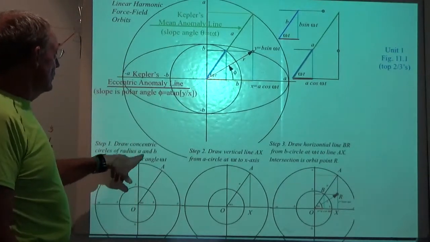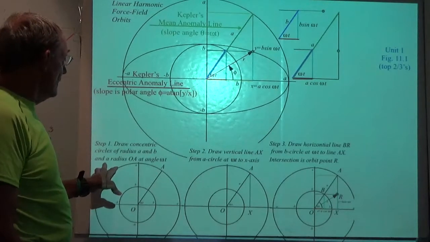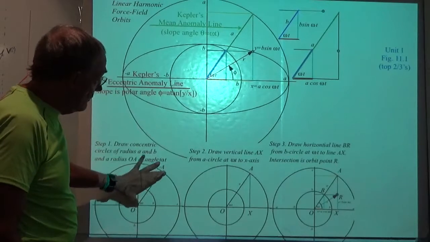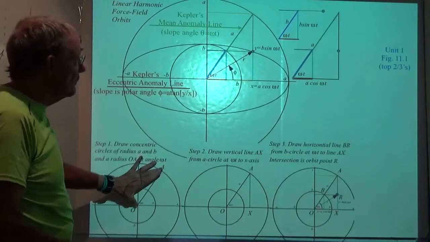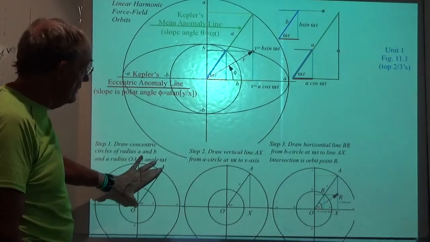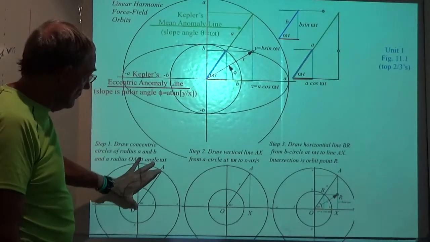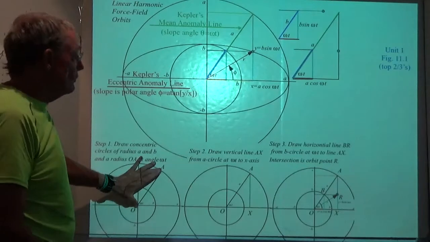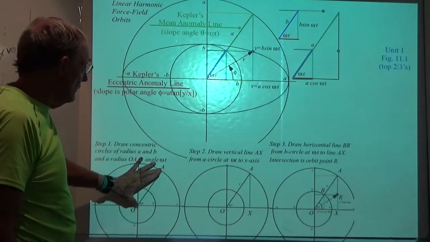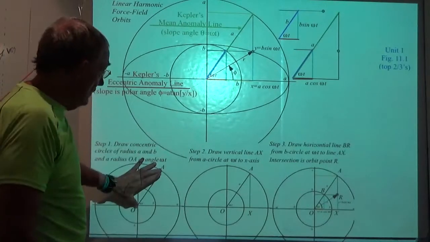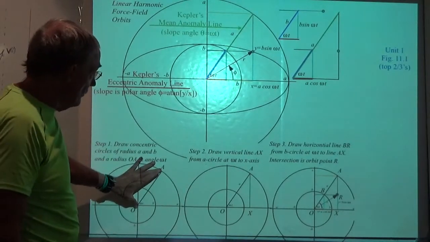Draw concentric circles of radius A and B, radius OA at some angle. Pick a time, in other words. This is giving you everything exactly in time, just like the dual phasor construction does. But this one's a very quick way to get the orbit if you know where its apogee is, and you treat that as your x-axis.